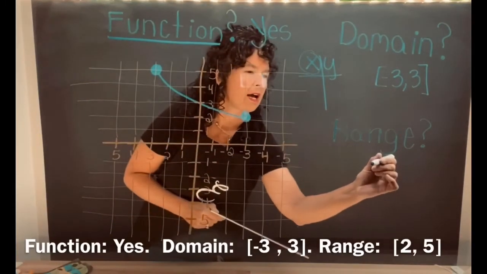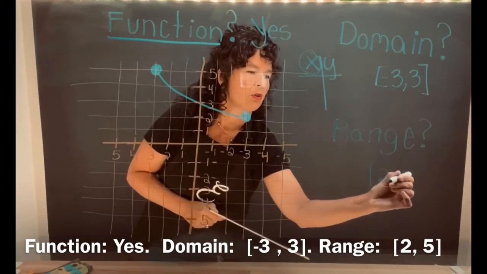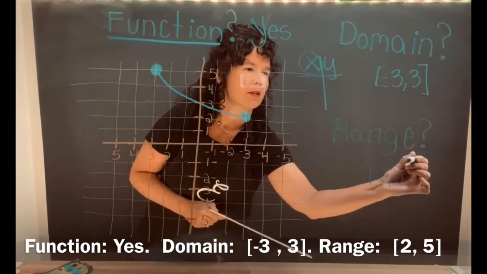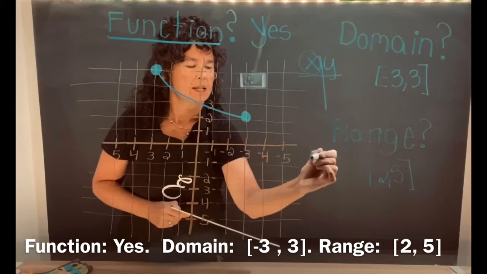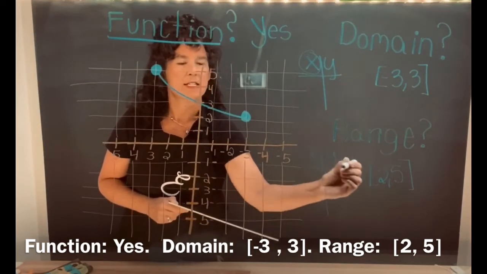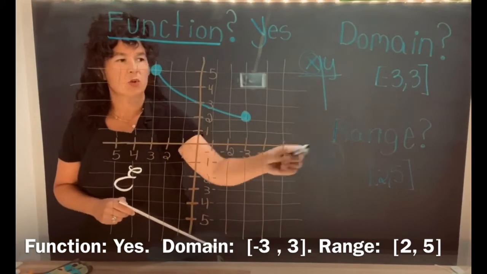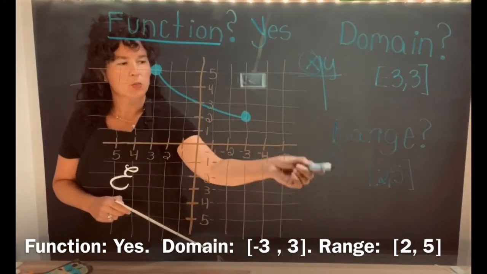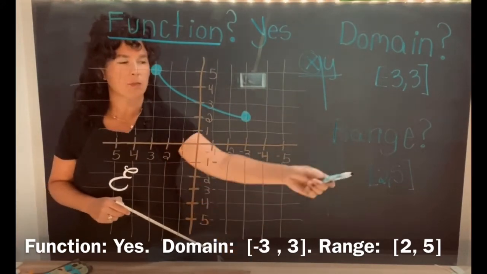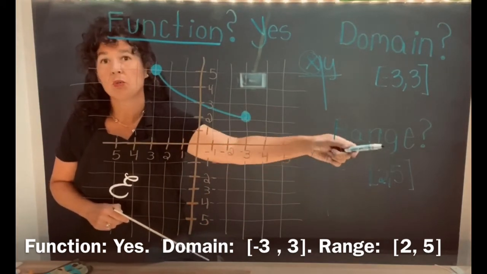So we're going to have 2 through 5. Similarly, if I made a t-chart that contained every point on this graph, the range or the y values, so the numbers we would find over here in the y column would be any number 2 through 5.